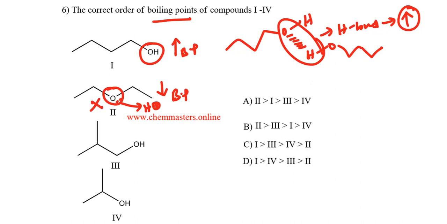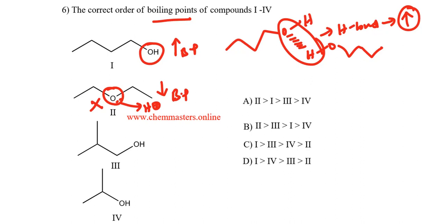So ethers can only act as proton acceptors, hydrogen acceptors, but not as proton donors to make hydrogen bonding. Due to the lack of hydrogen bonding, ethers have lower boiling points when we compare with alcohols. This is the basic concept.